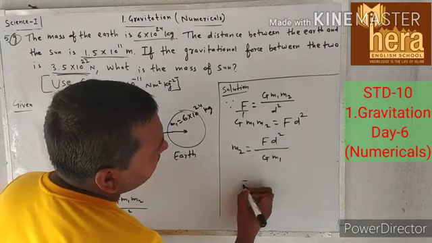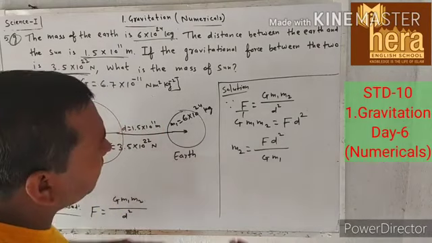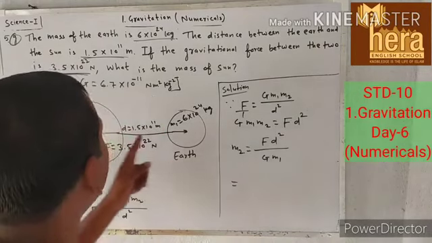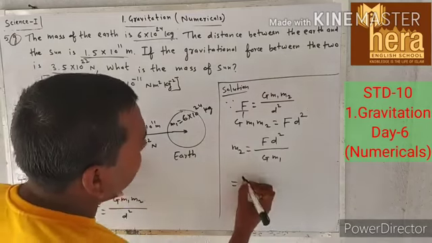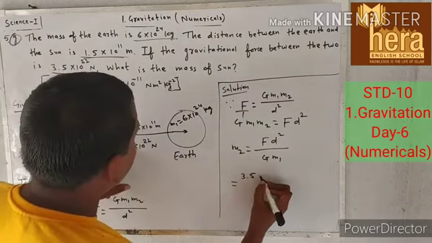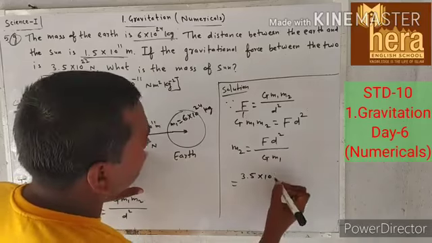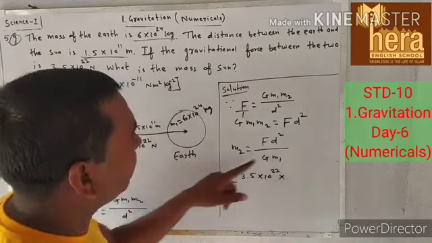So therefore F is equal to 3.5 into 10 raised to 22, into d square.